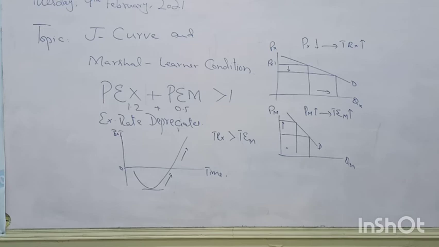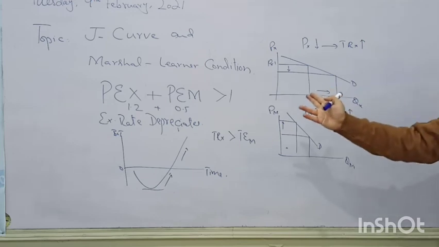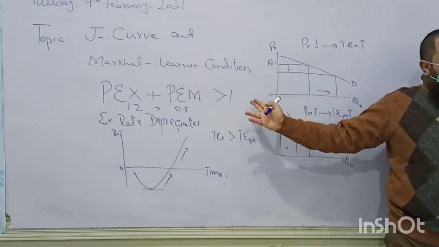If you look at the exchange rate of Japan and China with the dollar, they have kept their currencies at a lower level in order to make the whole world their beggars. Beggar thy neighbor policy. Clear? So a country can boost its export revenue by depreciating its currency when this marginal condition is fulfilled.